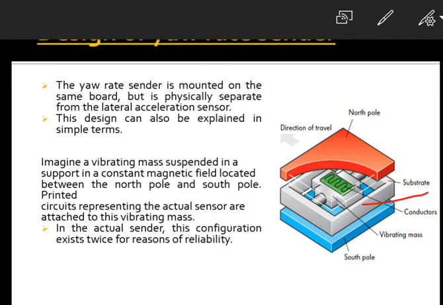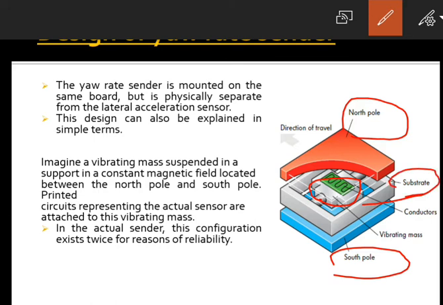Here are some components of the yaw sensor, that is the north pole and south pole. North pole and south pole are nothing but two types of permanent magnet, and this is the vibrating mass, this is the subframe, and these are the conductors.